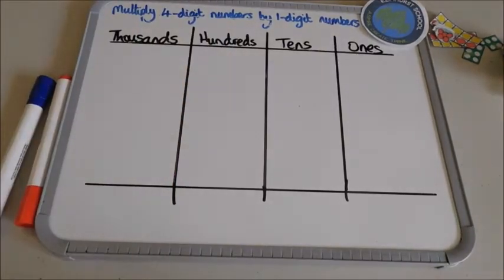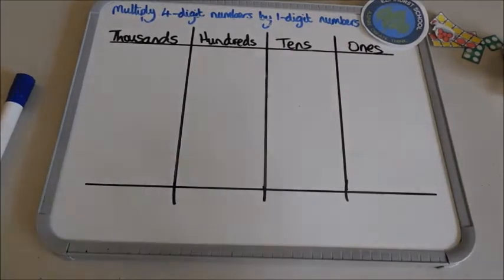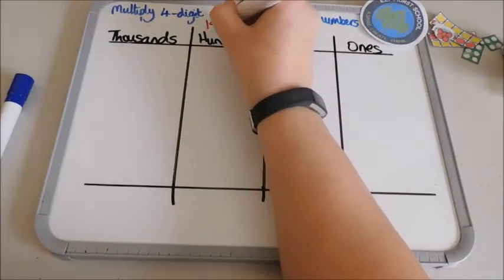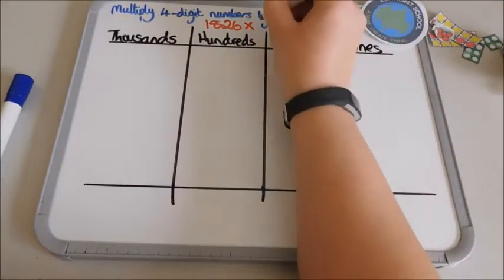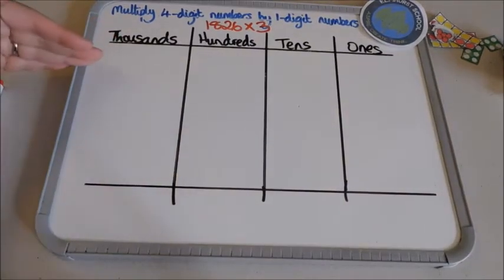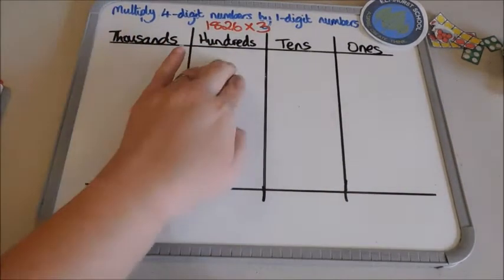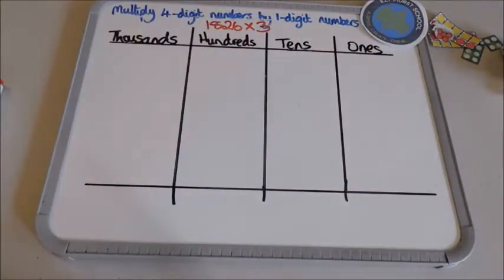Okay, now the calculation that I'm going to be looking at today is 1,826 multiplied by 3. So I want to make sure first of all that I have got my 1,826 in my columns and I need that 3 times.